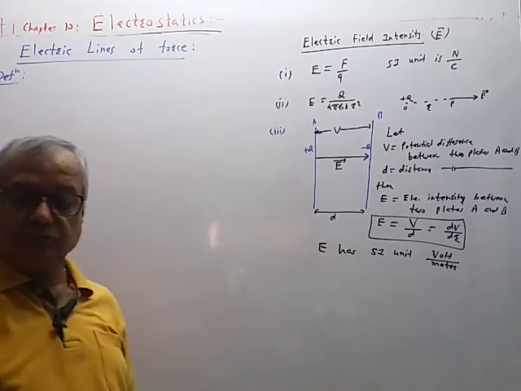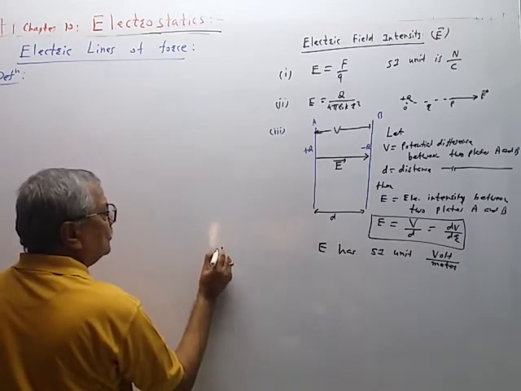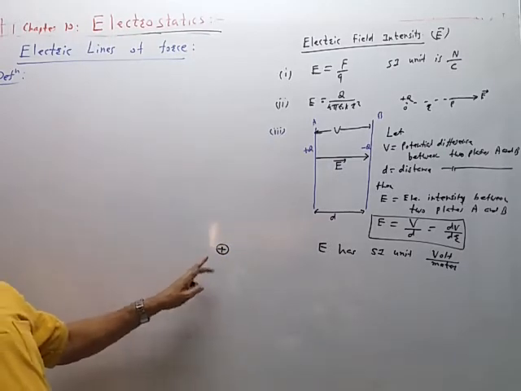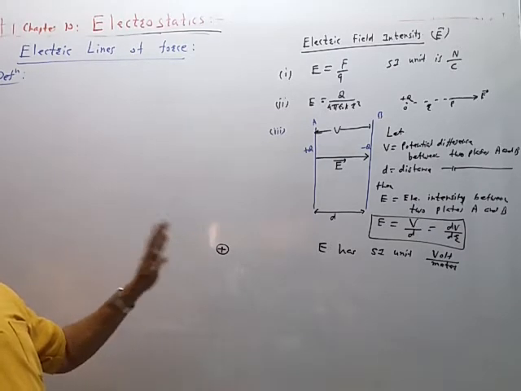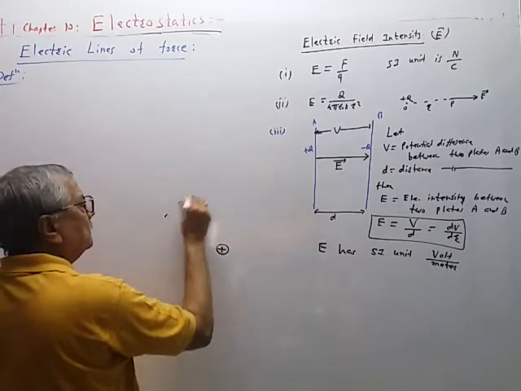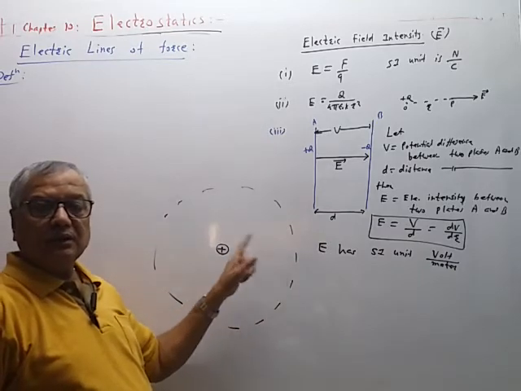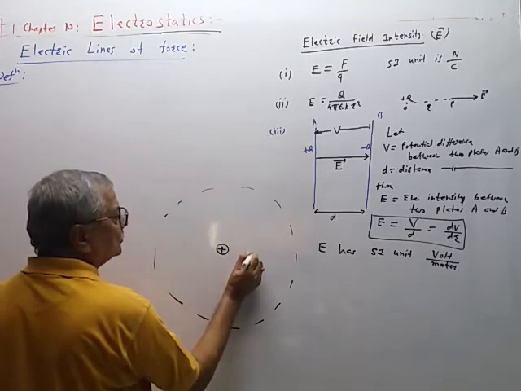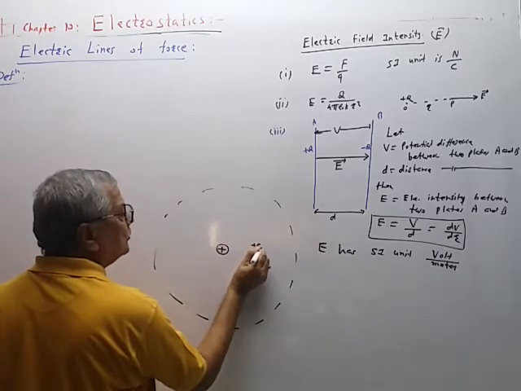Now, at this point, say single positive charge is kept here. Isolated positive charge. There is no other charge, means it is an isolated charge. Single positive charge. So it will produce the electric field in the surrounding region. So this region represents the electric field region. Now, inside the electric field, suppose we consider a test charge plus Q0.